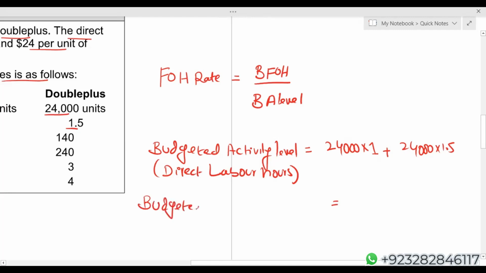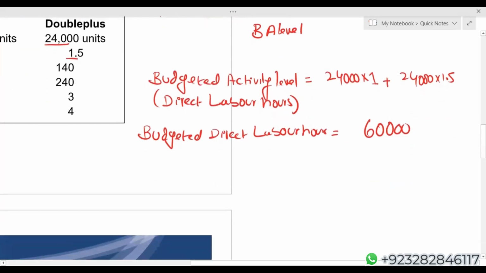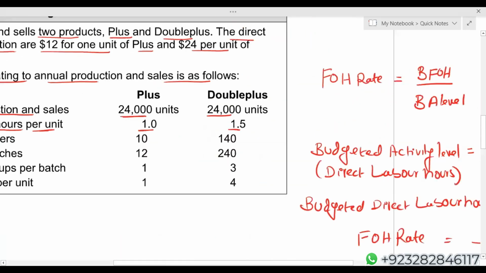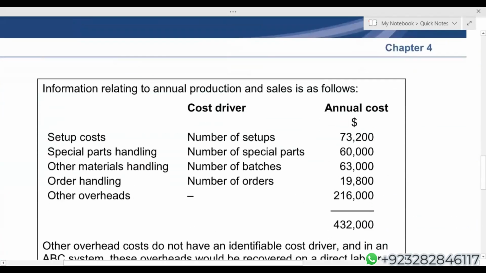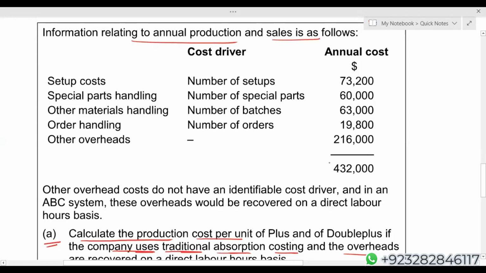So very easily we can calculate the fixed overhead rate per direct labor hour. FOH rate is equal to budgeted fixed overheads. Let's see what the total of budgeted fixed overheads is.